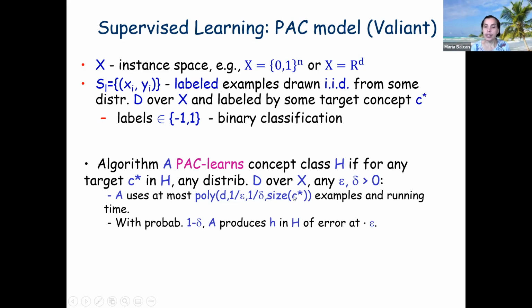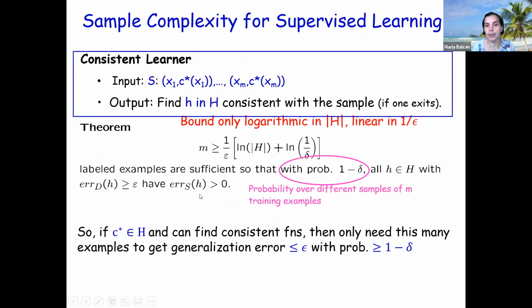And recall, we went through this slowly yesterday. Epsilon is the error parameter, and delta is the probability of failure.